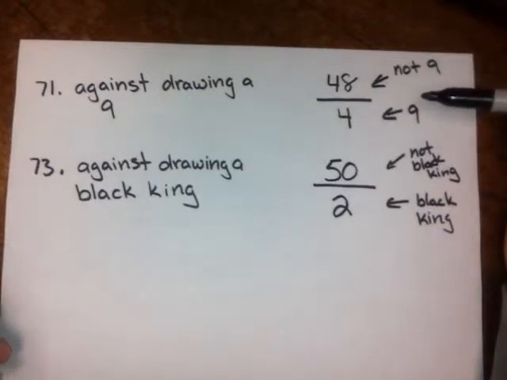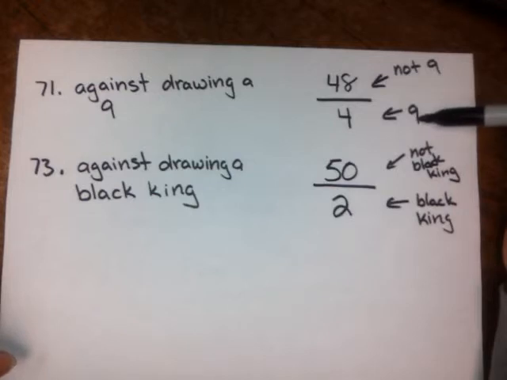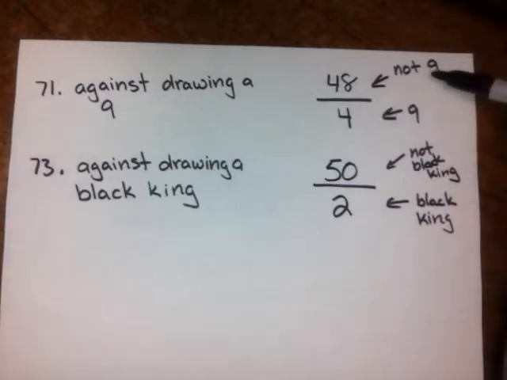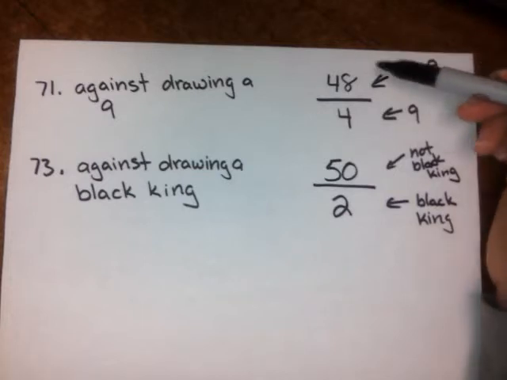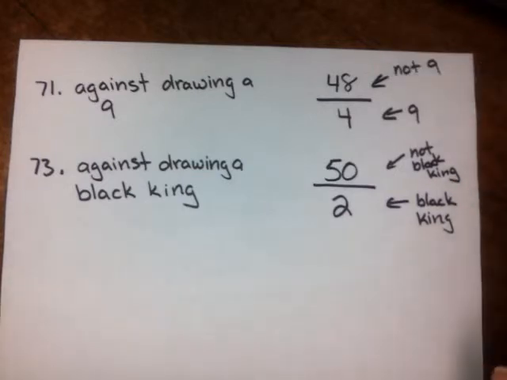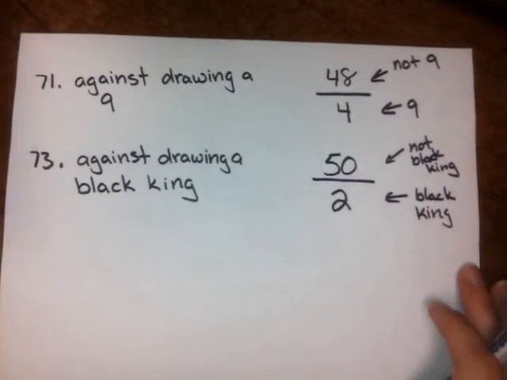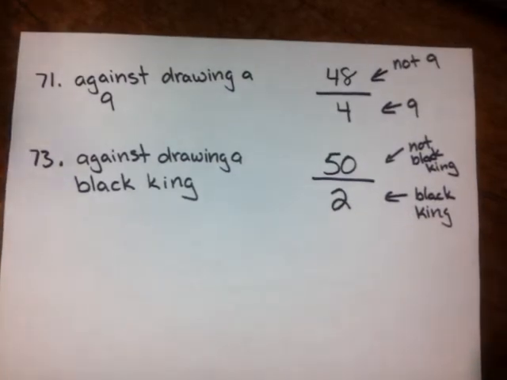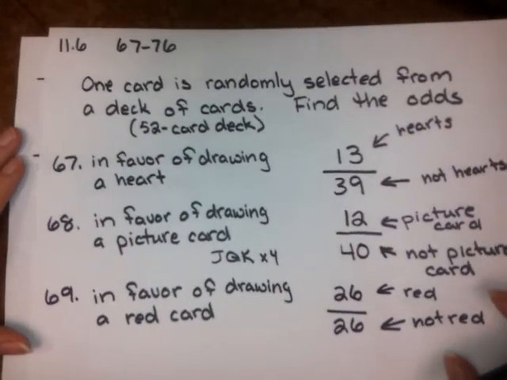So in this case, a success would be drawing a 9. There are 4 9s in the deck, and then the other 48 cards in the deck are not 9s, so that goes on top. And that is how we do odds for and against drawing specific cards from a 52 card deck.